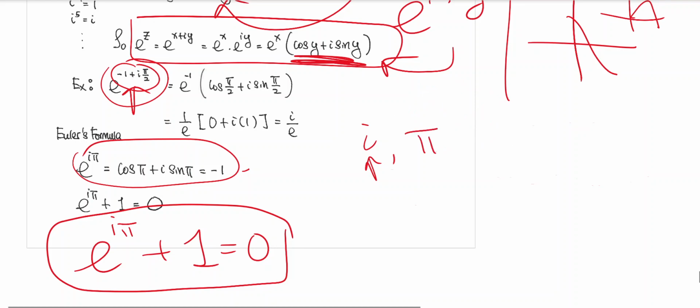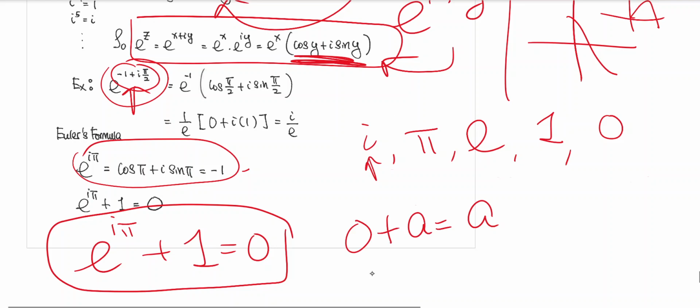Now, obviously, pi is also a very special number. e is a very special number. And 1 is also a very special number, because 1 is what we call the identity in multiplication, which means that 1 times any number is going to give you that number. 0 is also a very important number because 0 serves the same function as 1, but 1 is the multiplicative identity and 0 is the additive identity. 0 plus any number is equal to that number.